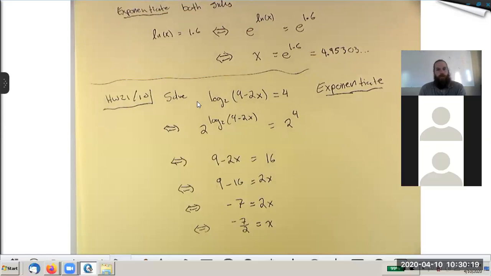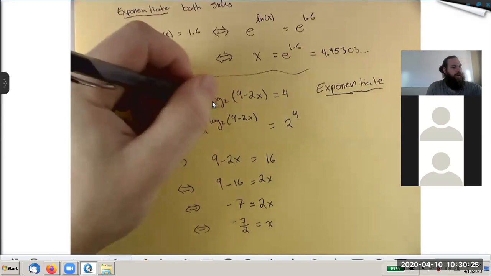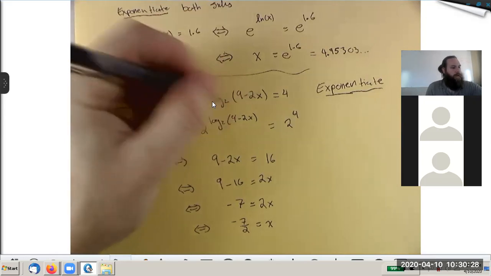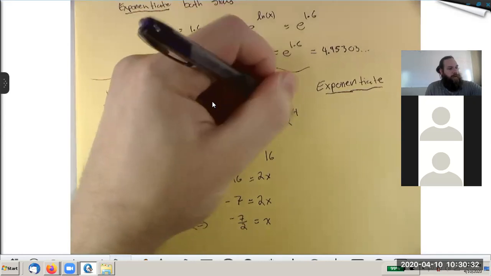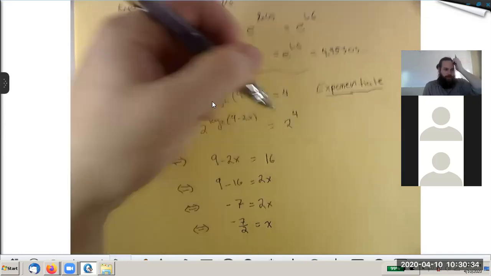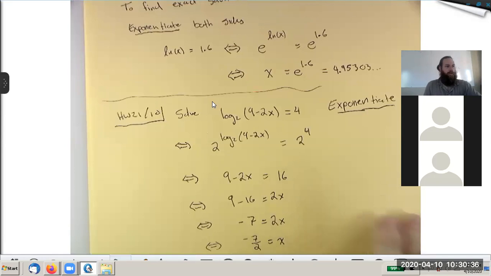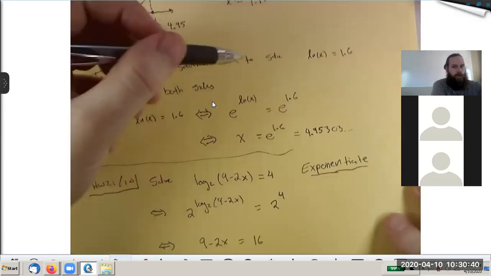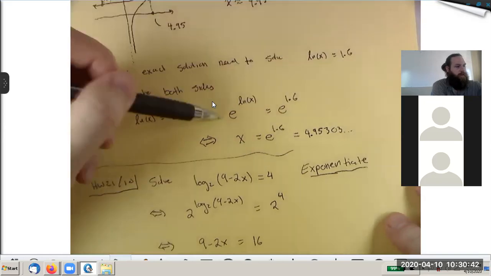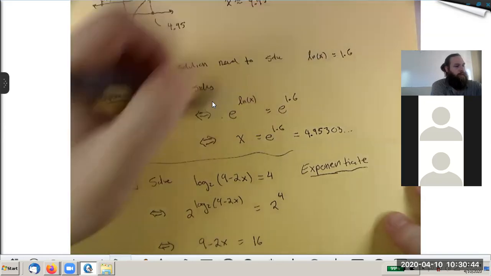So like, why is 2 raised to the 4th power? So on both sides, what I did here is I took whatever was here and I put it in the power of 2. I took whatever was here and I put it in the power or exponent of 2. So just like from here to here, whatever was on the left, put it in the power of e.